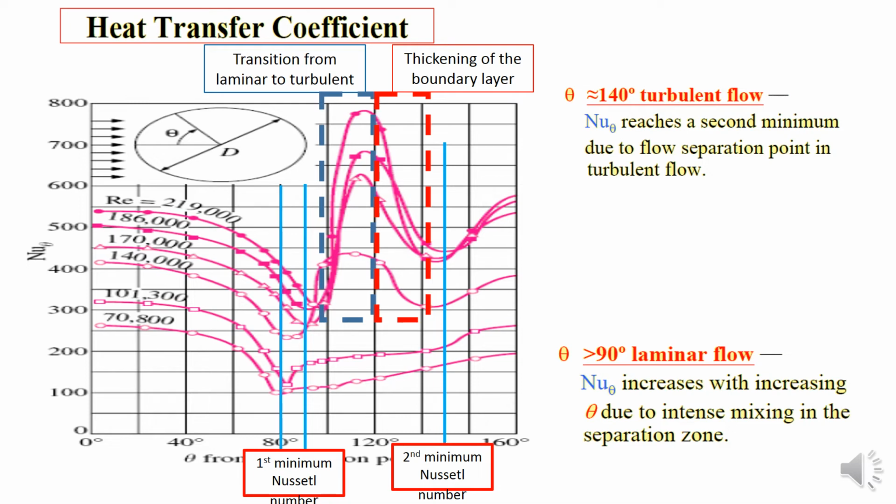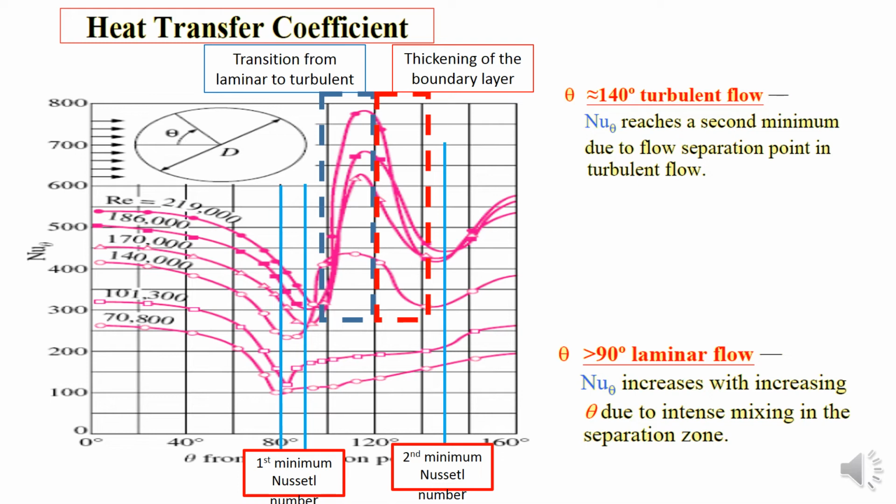Whereas for the rest, we have a significant increase within the range of 100 degrees to 120 degrees, which is in the blue dotted line rectangle. This is due to the transition from laminar to turbulent flow.